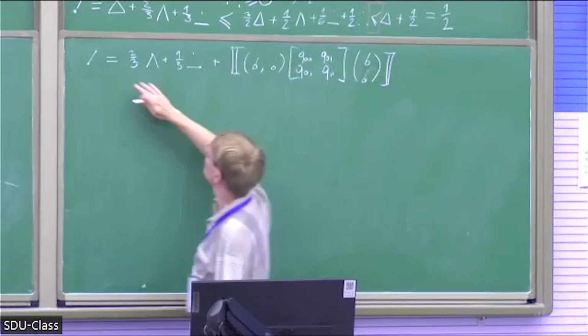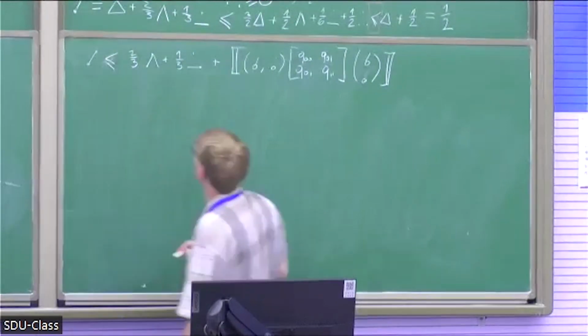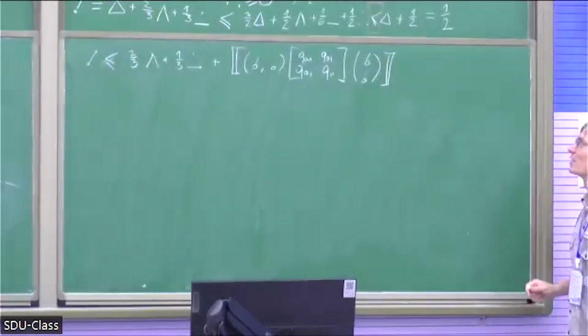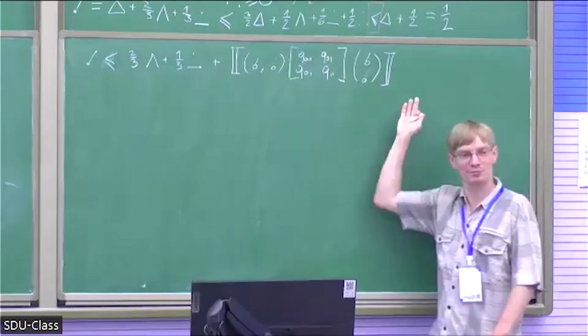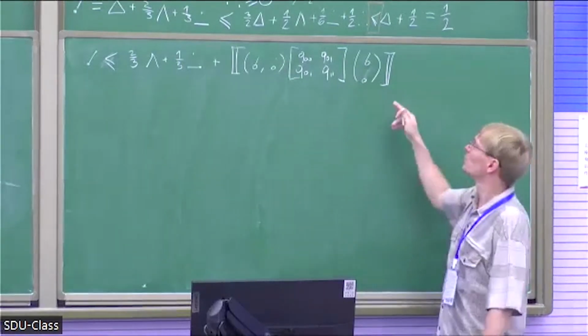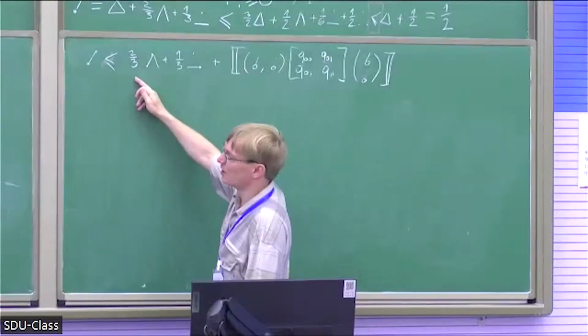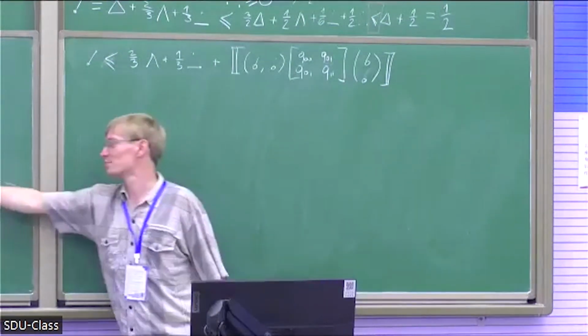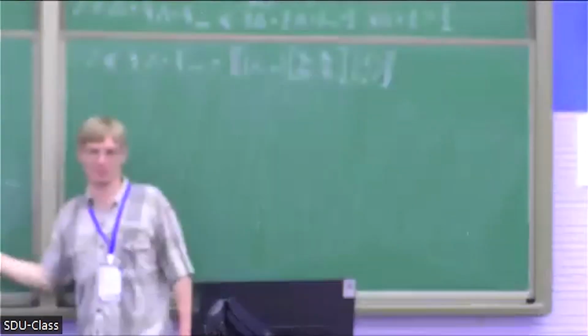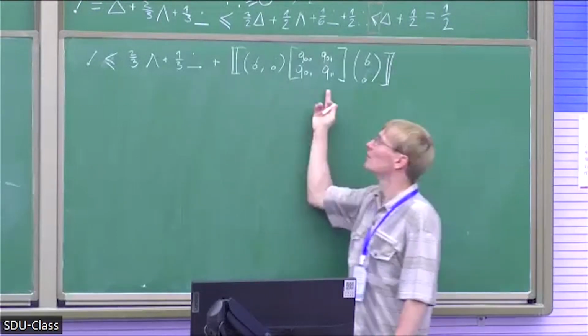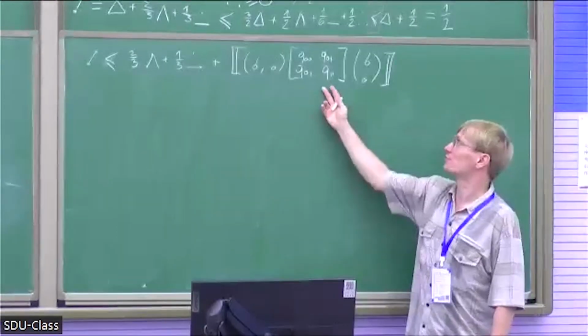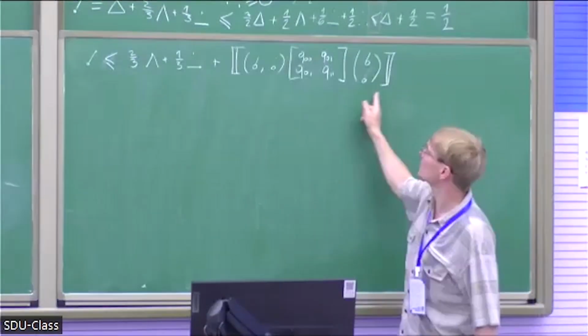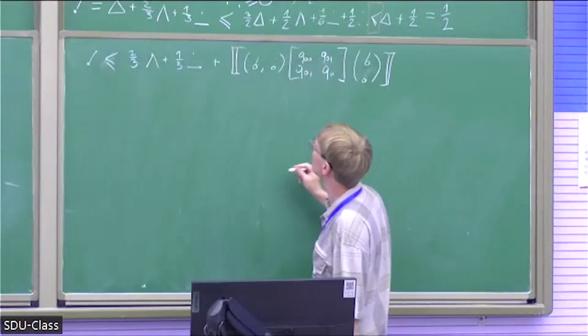Okay, I added the matrix, it's already an inequality. This is what we obtained, and we want to write this in this form, minimizing some expression involving coefficients of the matrix.